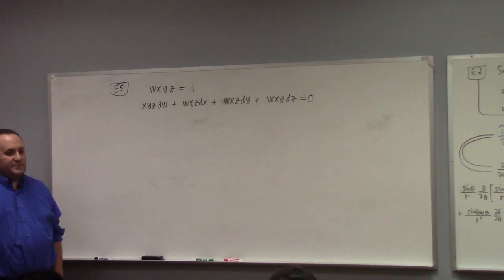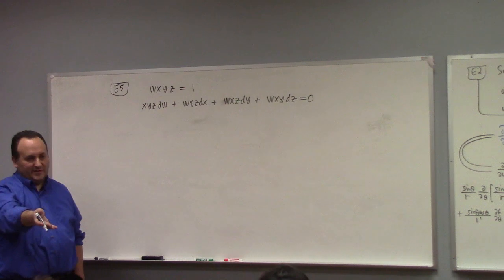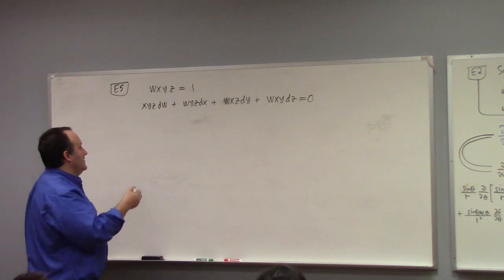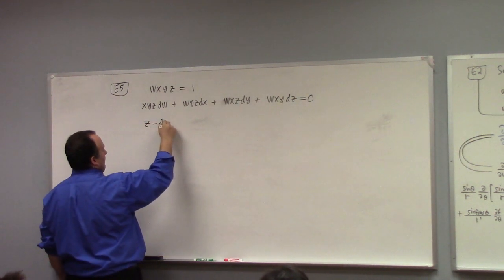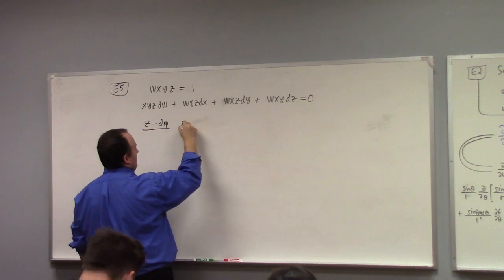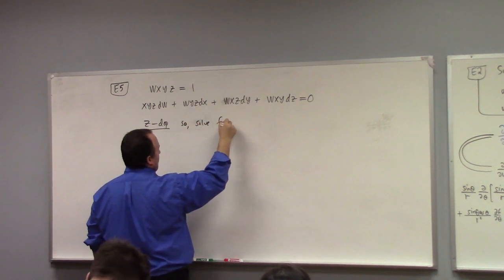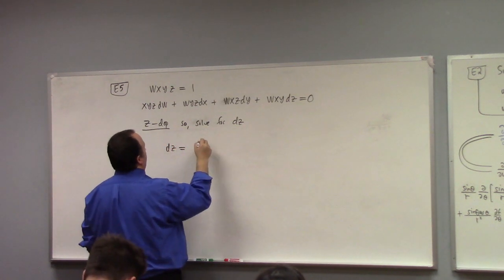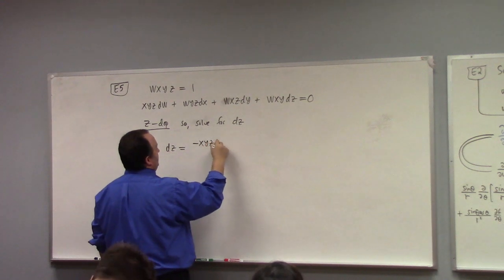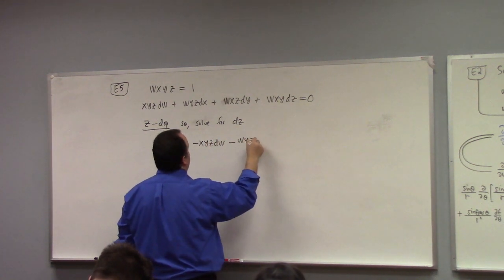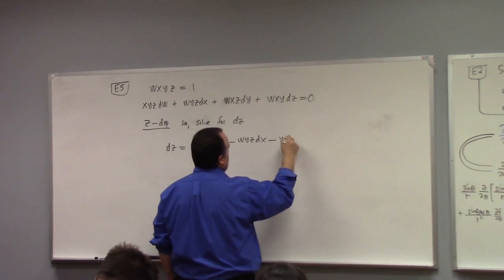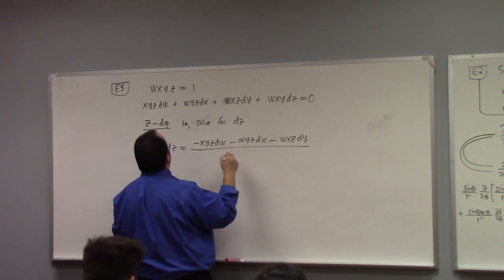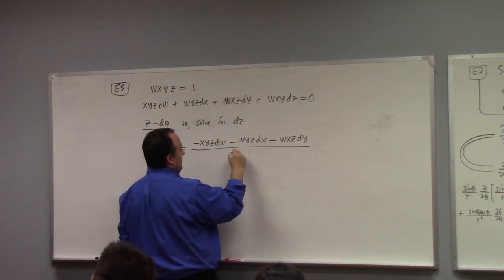So you pick whichever one you want. Violet, which would you like to be the dependent variable? You have 4 choices. Z, you want to choose z to be the dependent. So solve for dz. dz is equal to minus xyz dw minus wyz dx minus wxz dy, all divided by the coefficient of dz, wxy, right?